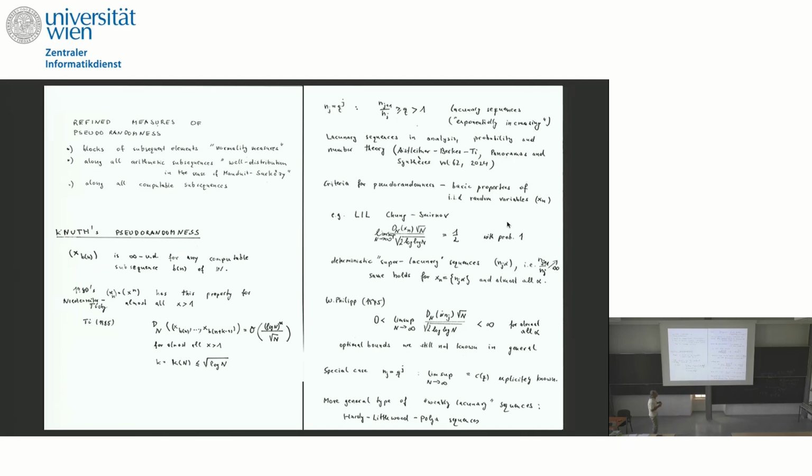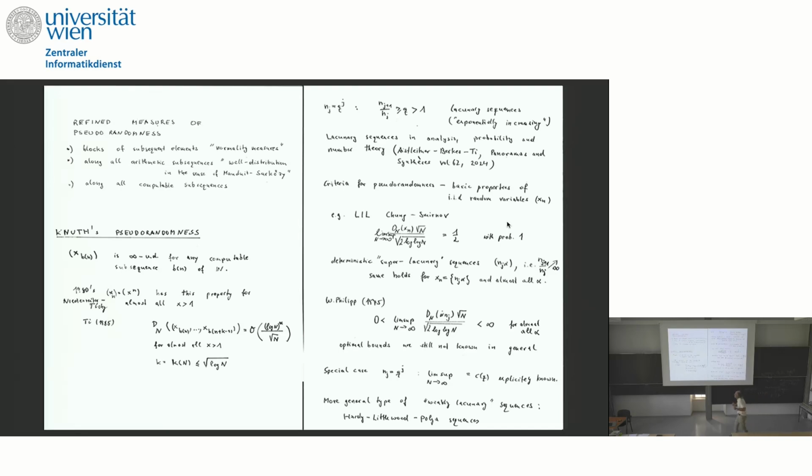But nevertheless, this work in the 80s was the spirit for further developments in this probabilistic theory of discrepancy, and I will show you the outcome now in the remaining part of my talk.